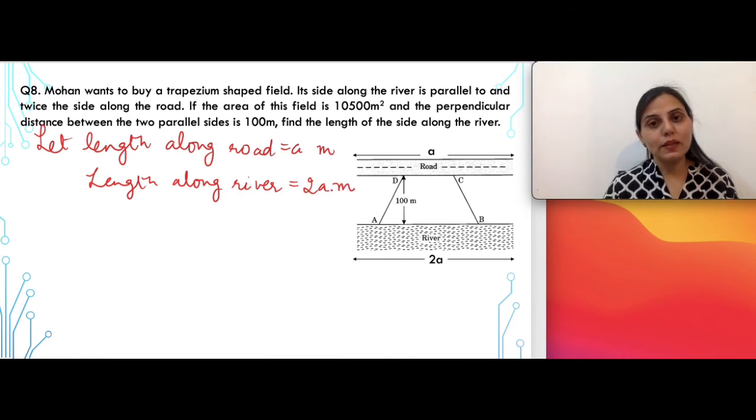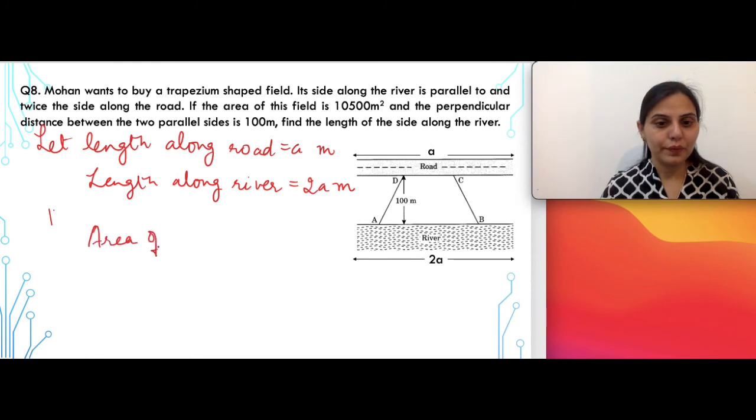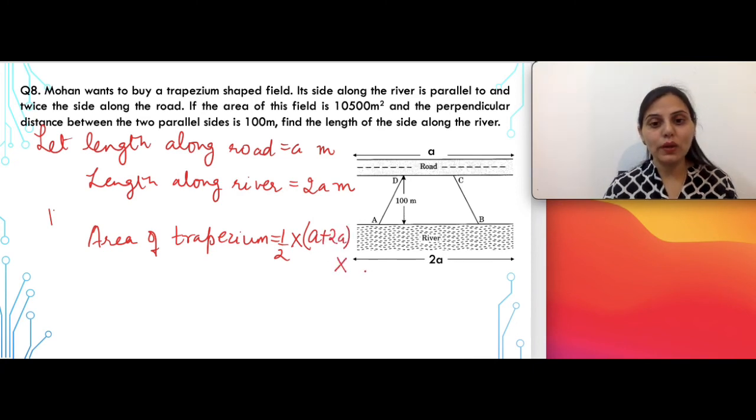Since the shape is in the form of a trapezium, let's apply the formula for that. Area of trapezium is equal to 1 upon 2 multiplied by the sum of parallel sides, which is a plus 2a in this case, multiplied by the height. Height or the distance between them in this case is given as 100 meters.